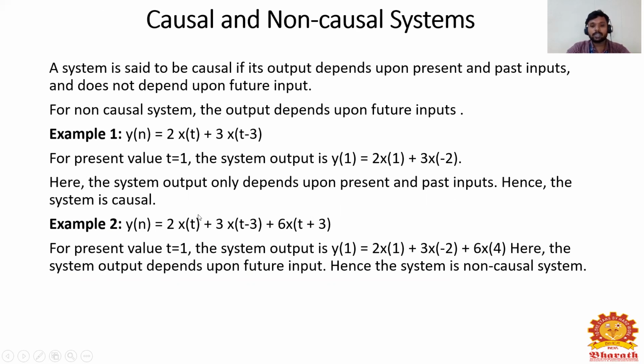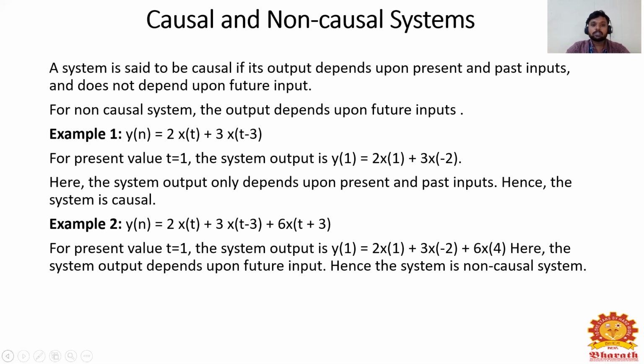Substituting t is equal to 1, the system output will become y of 1 is equal to 2 into x of 1 plus 3x of 1 minus 3, which is minus 2, plus 6x of 1 plus 3, which is 4, that is x of 4. So y of 1 is equal to 2 x of 1 plus 3 x of minus 2 plus 6 x of 4. Here the system output depends upon future input. Hence the system is a non-causal system.